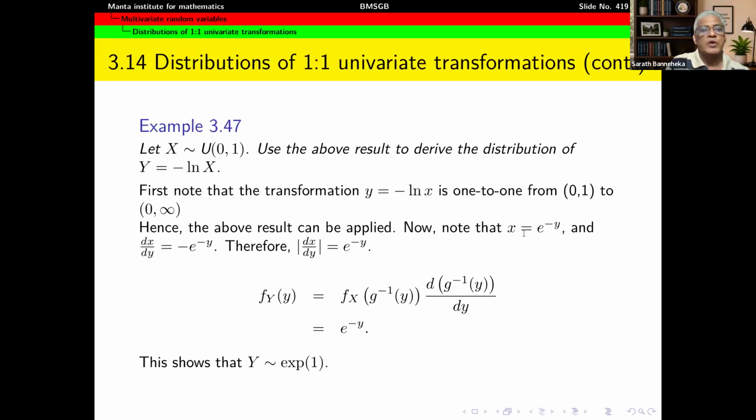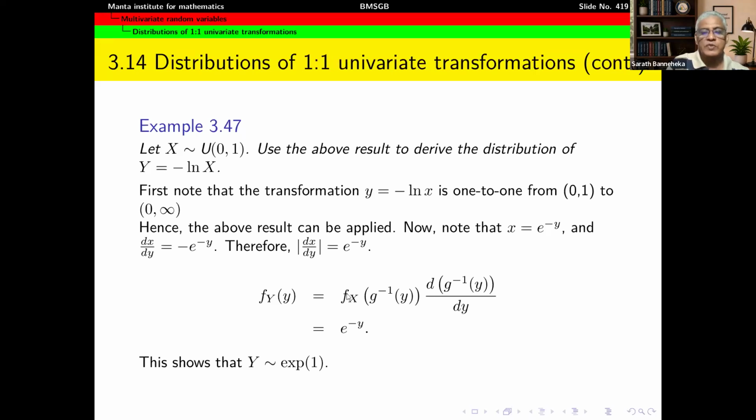So we have found from this one, x is equal to e to the power negative y. And then the derivative of x is equal to negative e to the power negative y. Therefore, the absolute value of the derivative dx over dy is equal to this thing. So by directly substituting, you get f_X(x) is equal to 1 in this case because X is uniform in 0, 1.